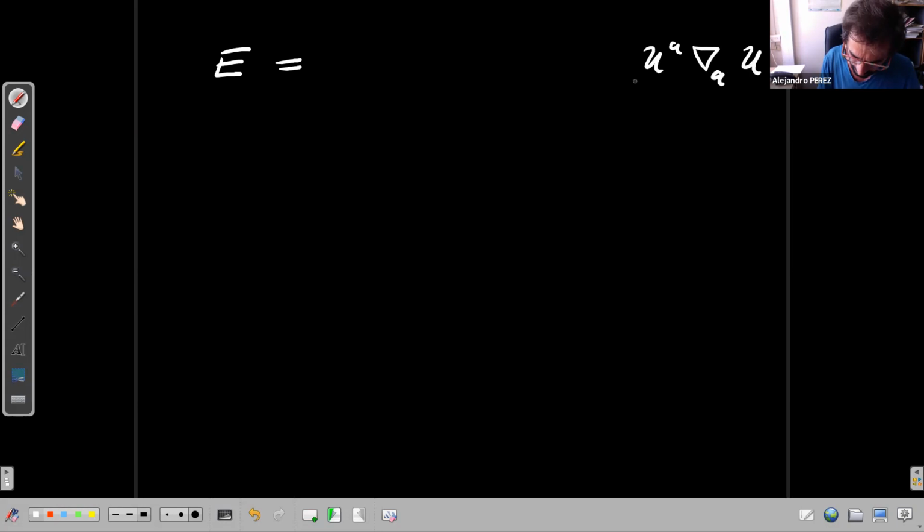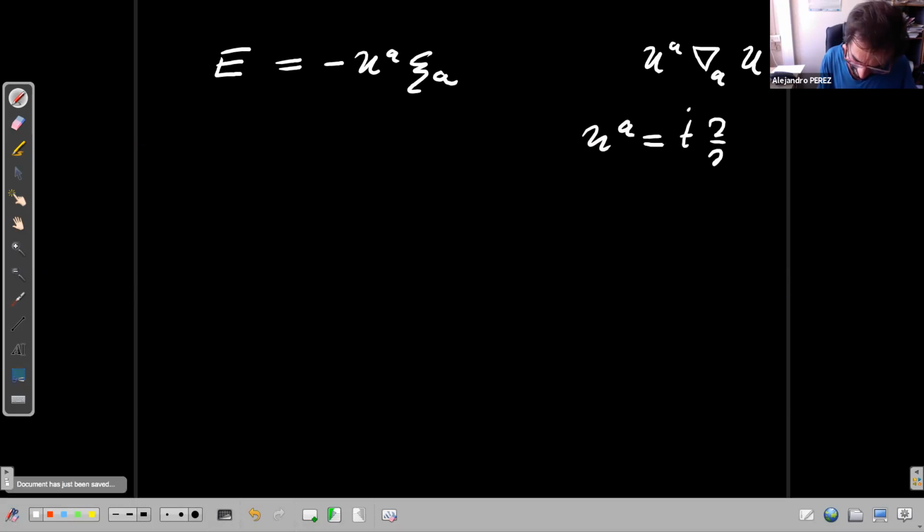Remember that for geodesic vectors, we have conserved quantities associated to Killing vectors. So we will have the energy, which is given by U^A contracted with psi_A, and this is just an explicit expression that we can write. If we write U^A as t dot d by dt, well, I'm not going to write the whole thing because we don't have time, but you know what I mean. Basically, by x dot mu d by dx mu.